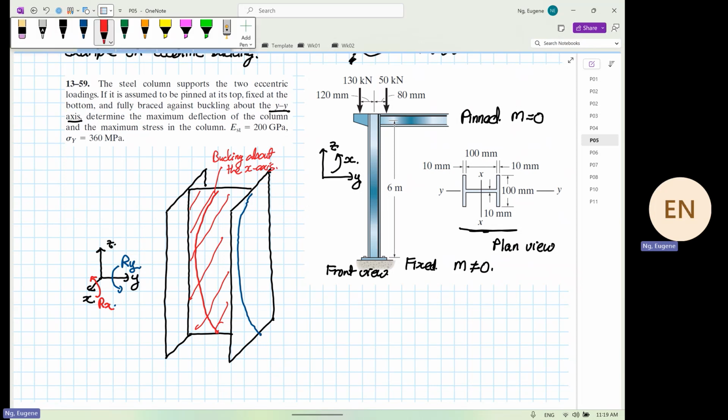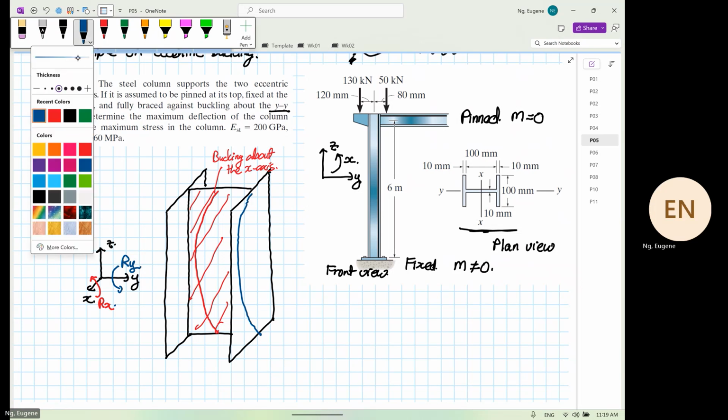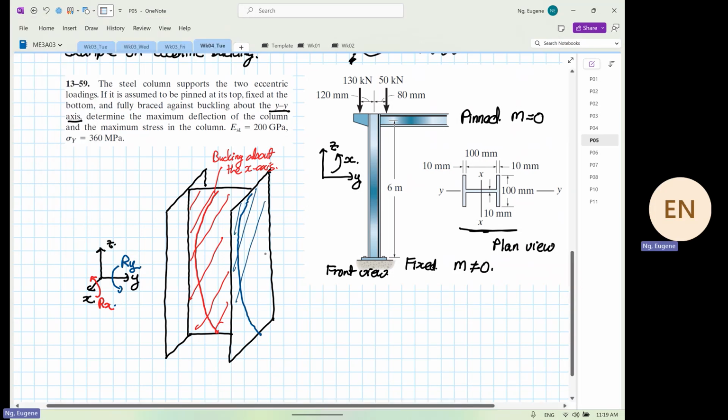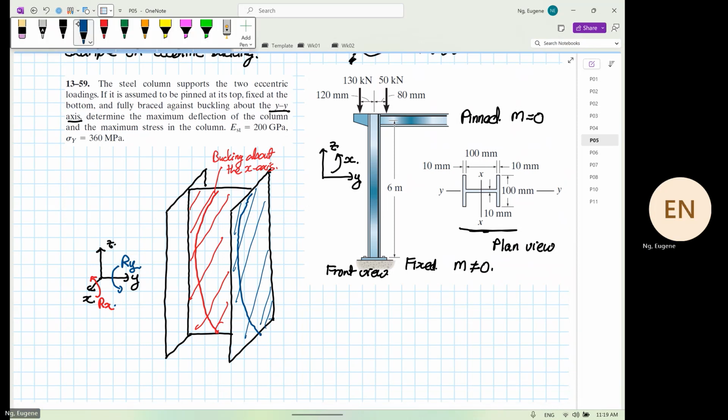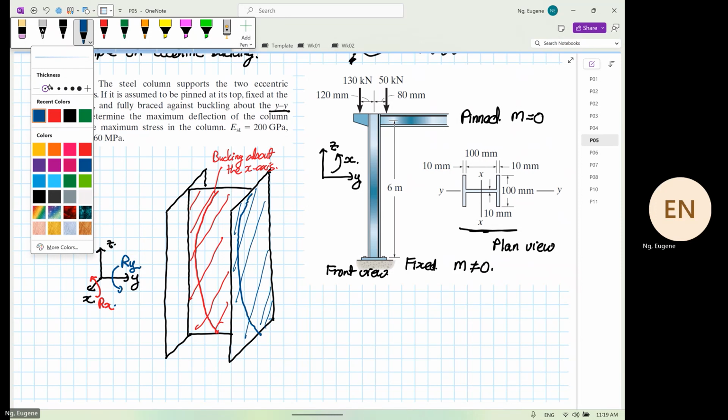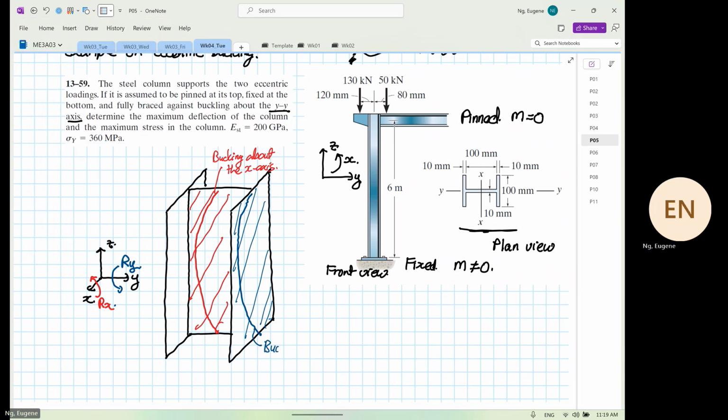The other one, can you all visualize that the blue line is flat? So this over here is buckling about the Y-axis. Are we clear? Okay.